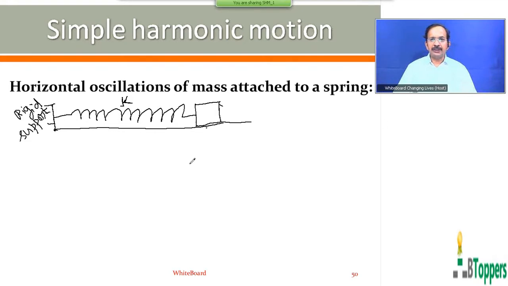So you can call the spring an ideal spring when the elongation produced in the spring is proportional to the stretching force applied at its free end.